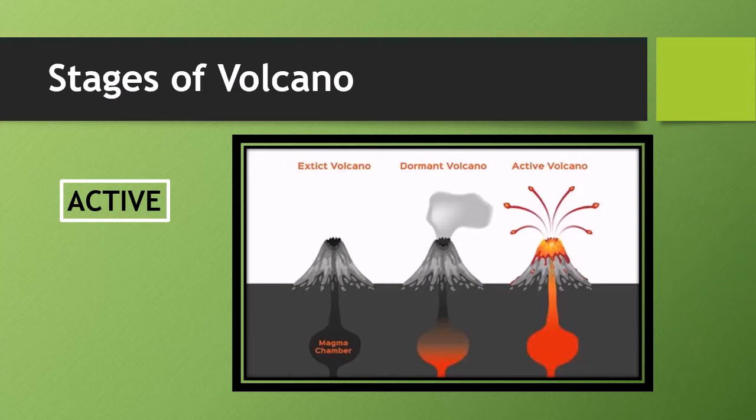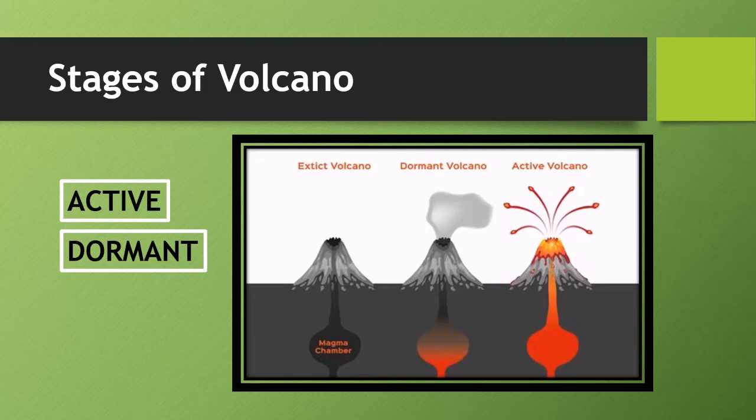On the other hand, when we speak of a dormant or inactive volcano, it is one which has not erupted in a long time, but there is a possibility it will erupt in the future. Meaning to say, since a dormant volcano still contains magma in its magma chamber, therefore there is a possibility that it may erupt in the future.